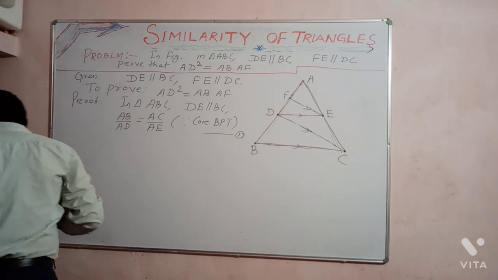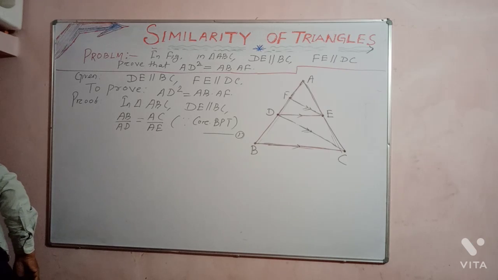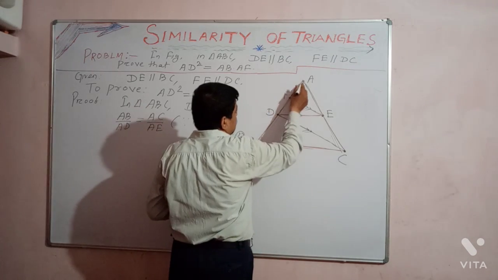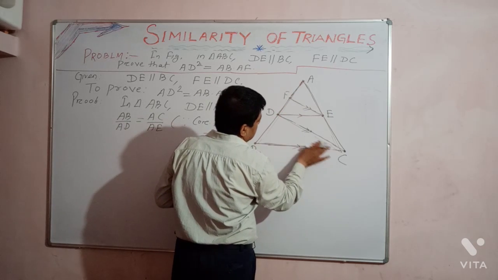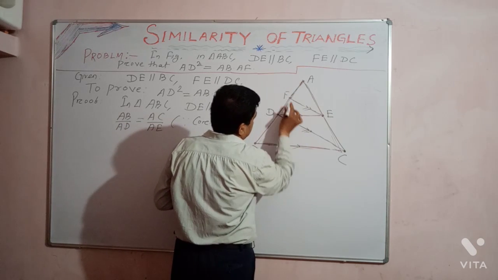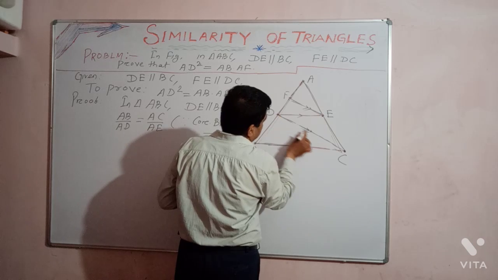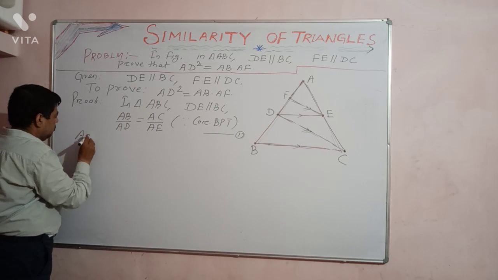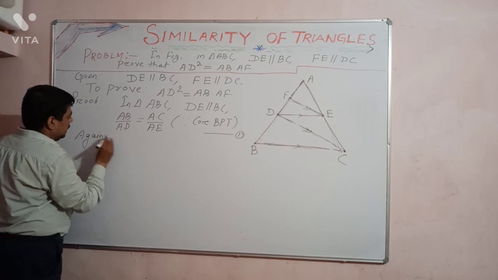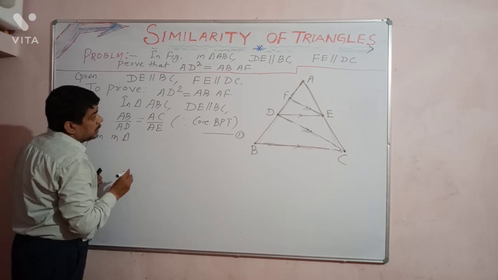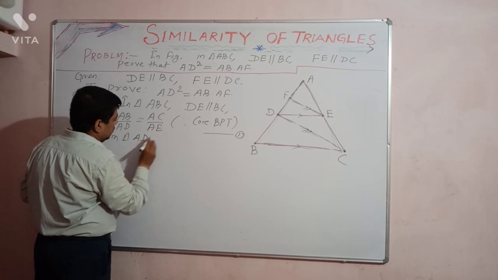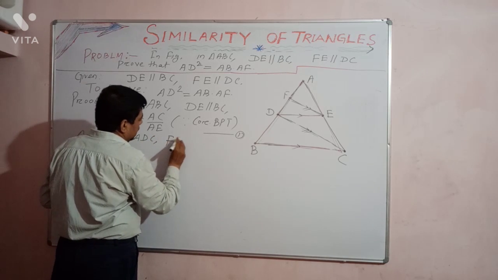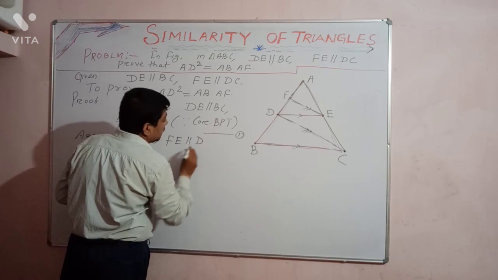It's clear? Similarly, in another triangle, see, ADC is a triangle, and in this triangle ADC, FE parallel to DC is also given. And what is given? FE parallel to DC, right?